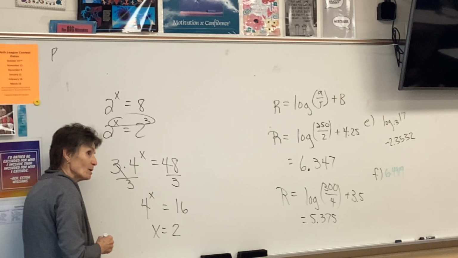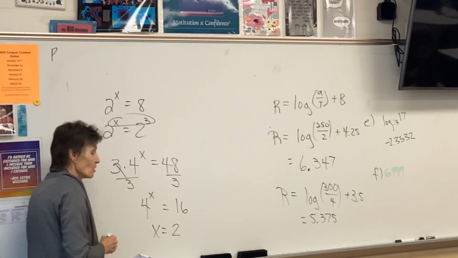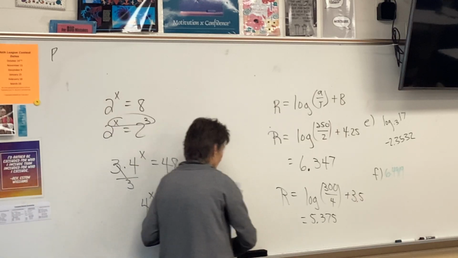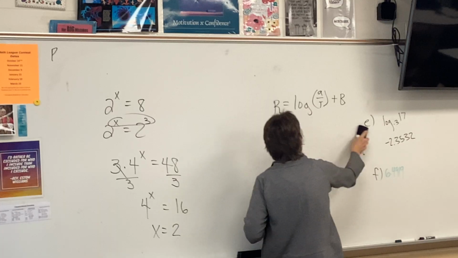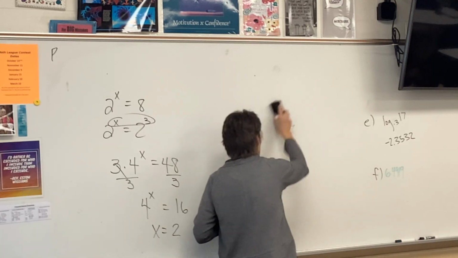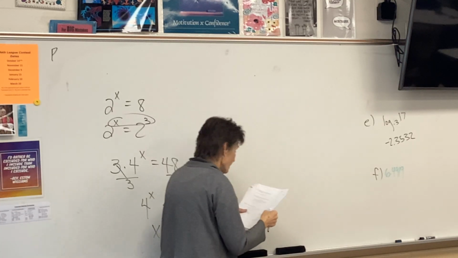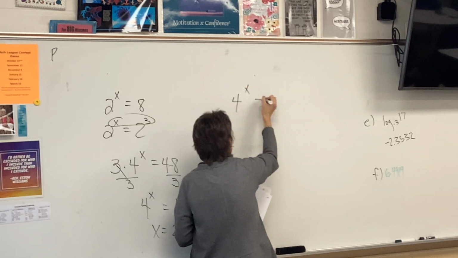The answer doesn't have to be a whole number. So it's best to learn the process. Nothing wrong with trial and error, but it takes a long time sometimes. All right, next one, 4 to the x equals 8.